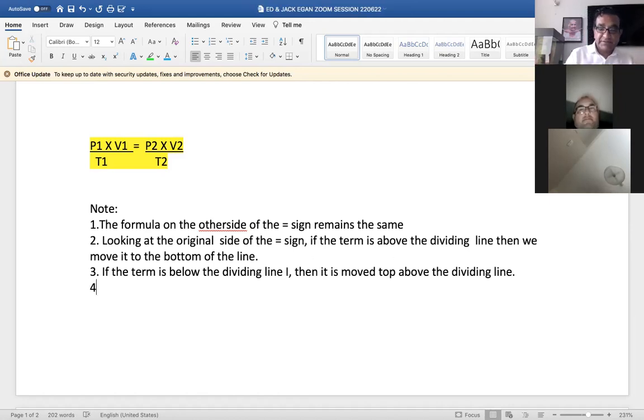So basically, the formula on the other side of the equal sign remains the same. Looking at the original side of the equal sign, if the term is above the dividing line, then we move it to the bottom of the line.